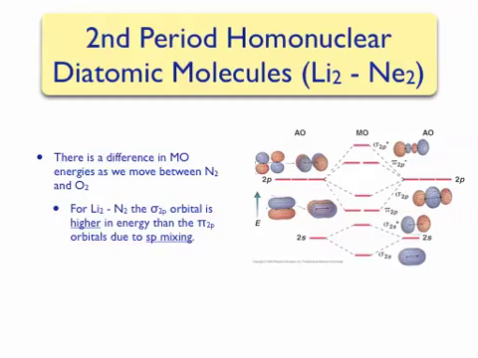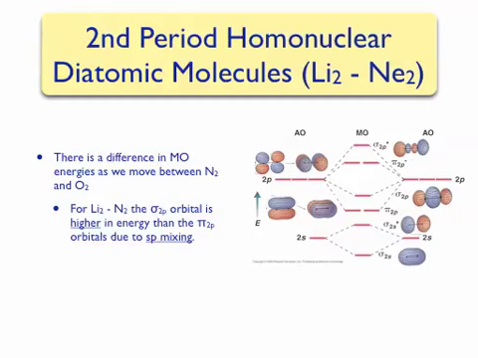This is due to a phenomenon called sp mixing. Sp mixing is very similar to hybridization, and it occurs because the 2p and the 2s orbitals are very close in energy, and therefore will mix to form hybrid orbitals.